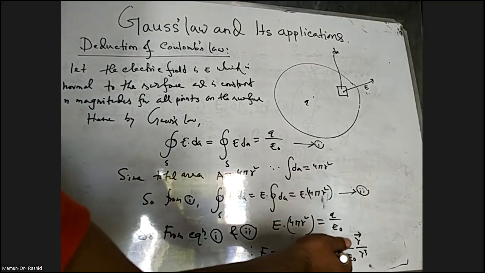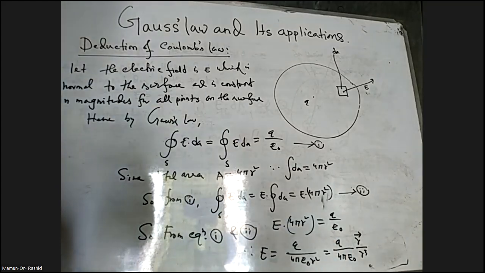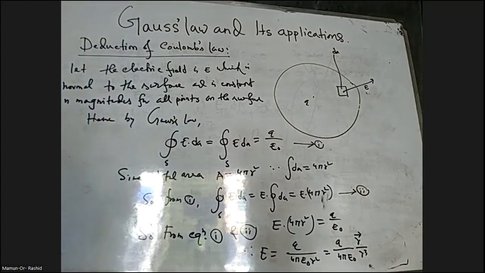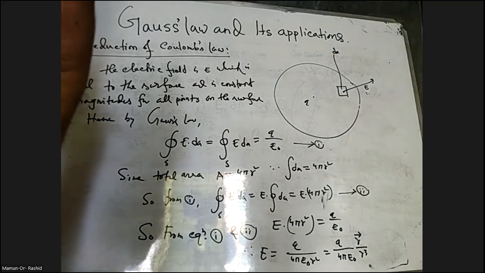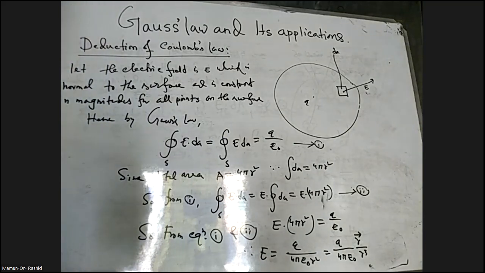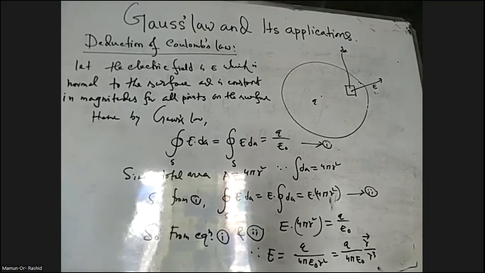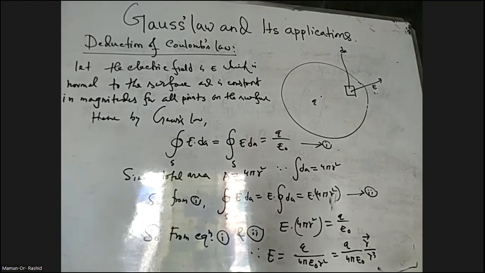Similarly, we get the Gauss law from Coulomb's law also, because Coulomb's law was invented before Gauss law. So this is one kind of application of Gauss law. There are many other applications.